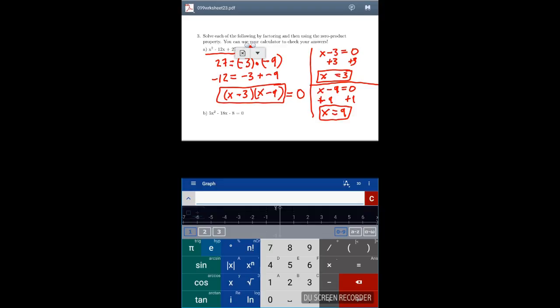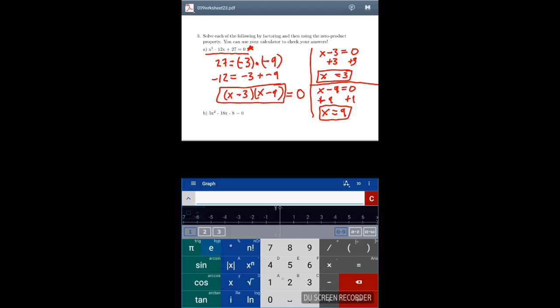Well, what do we want to graph? We want to graph this original function. Remember what we did before is we tried to find zeros of functions. This piece up here, x squared minus 12x plus 27, says this is a function. I want to know when that function is equal to 0.